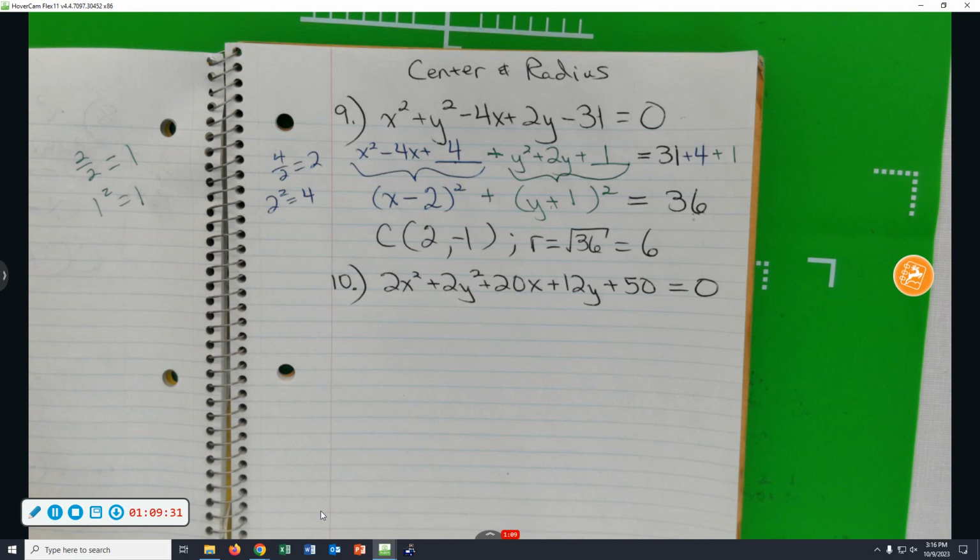Remember, our goal is the parentheses x squared plus the parentheses y squared equals hopefully a positive number on the right-hand side.